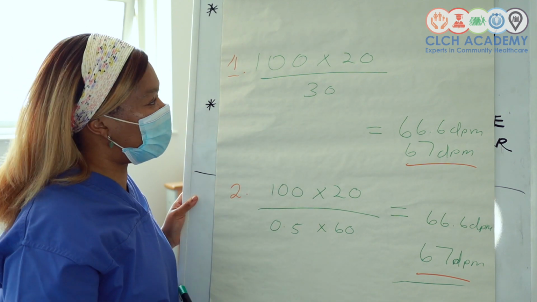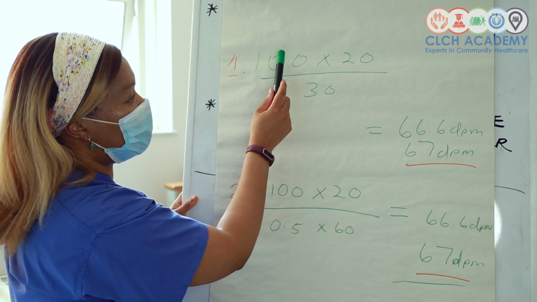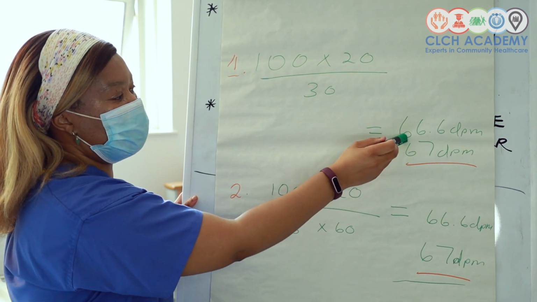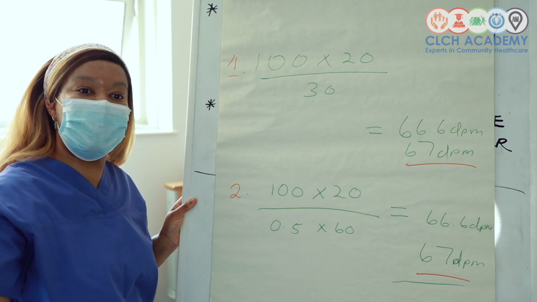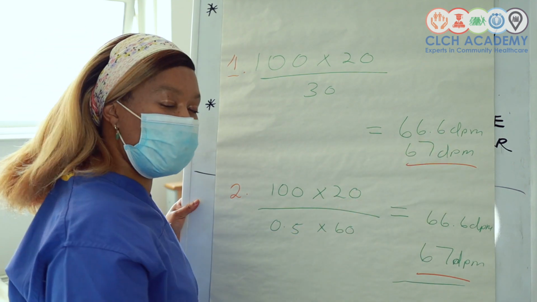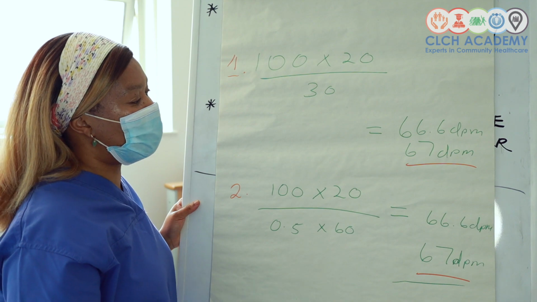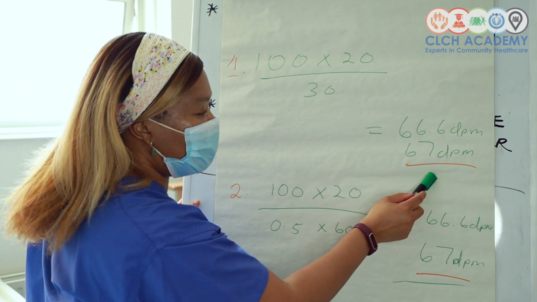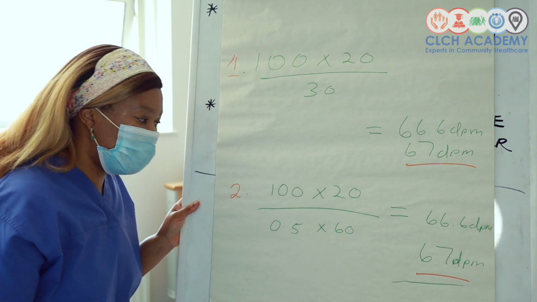So you don't need to tinker with it any further. So it's simply 100 times 20 divided by 30, which should give you 66.666 recurring. Closest to the first decimal point is 66.6 drops per minute. Alternatively, round off to the nearest whole drop is 67 drops per minute.